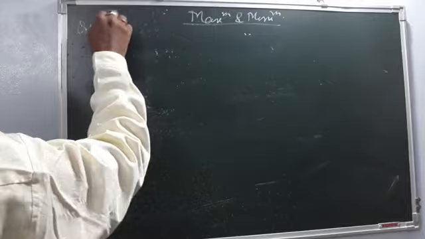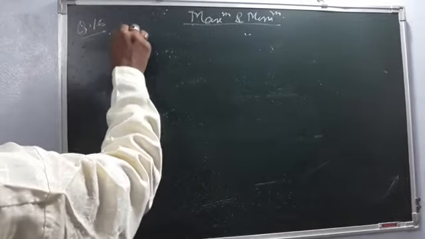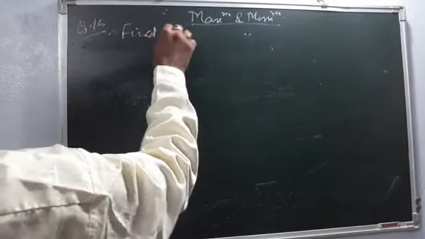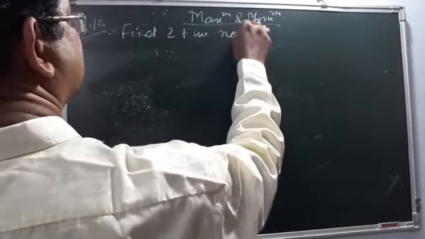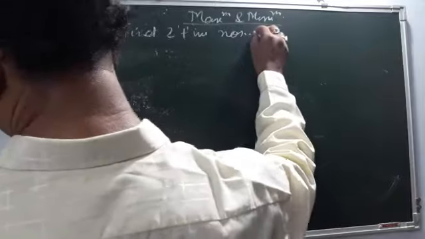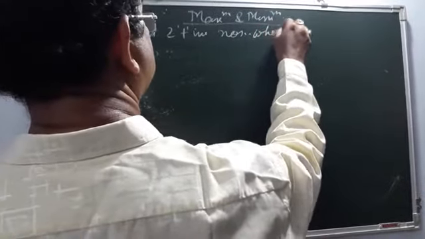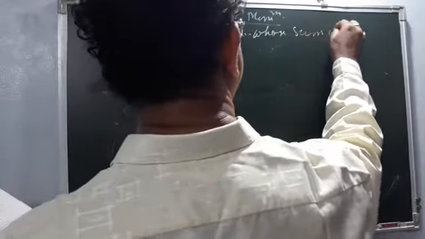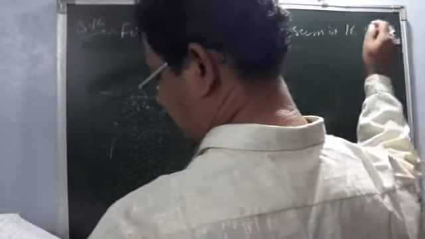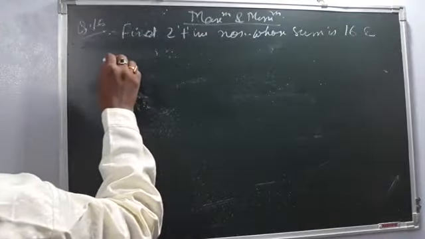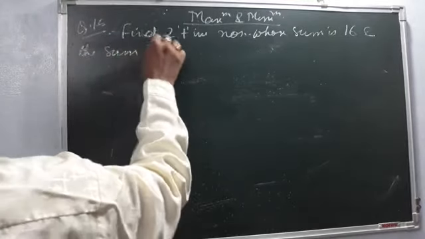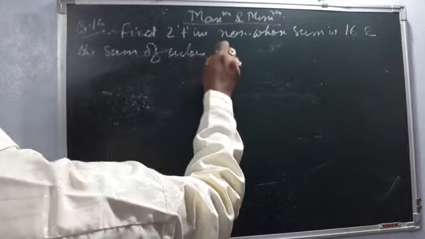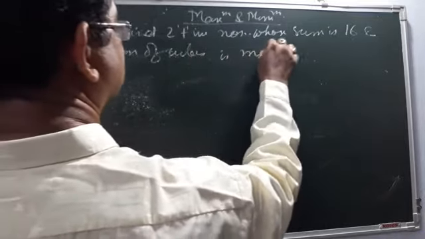Suppose question number 16 of your book, that is the maximum minimum exercise, I am going to do: find two positive numbers whose sum is 16 and the sum of their cubes is minimum.